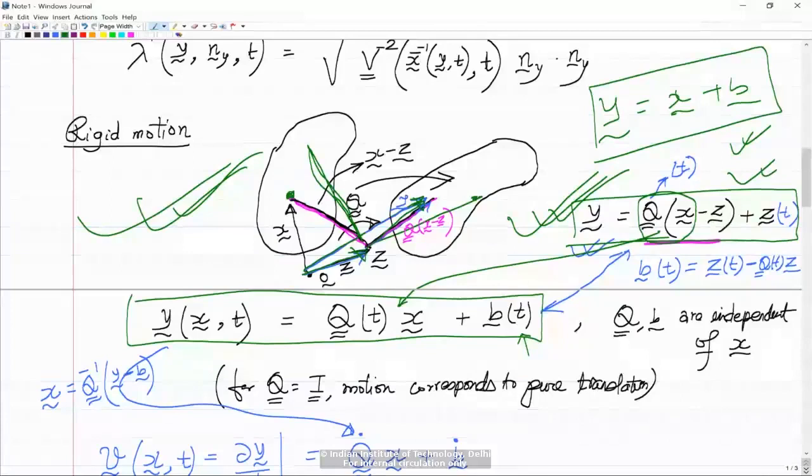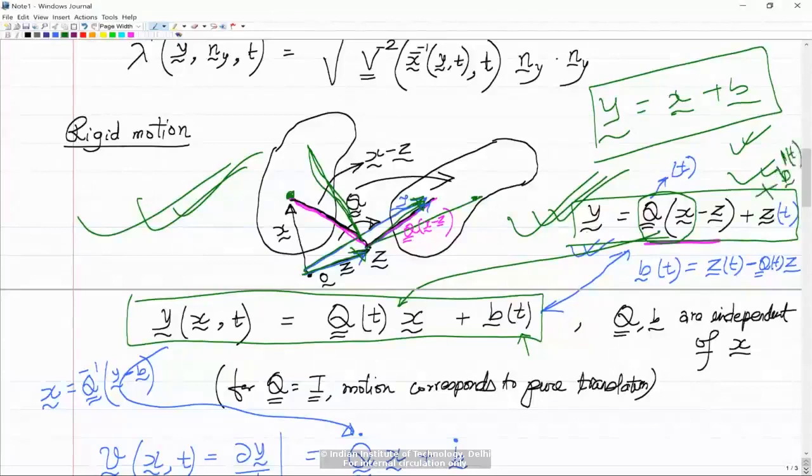Okay, yeah, I think that's a very good point that you mentioned here. I need an extra thing here. I wrote here this y equal to this thing, which is kind of pure rotation. So I need to add to it something more, some b prime.